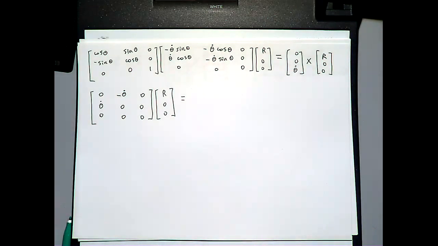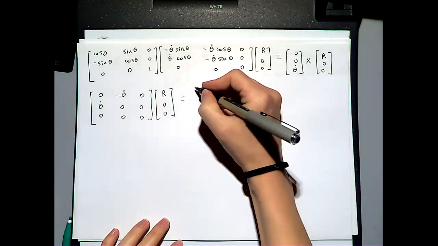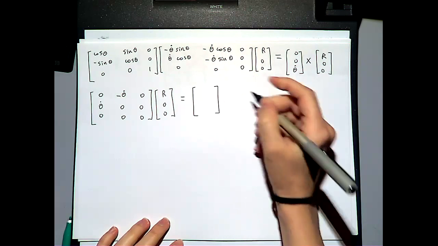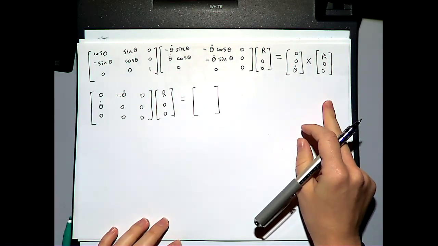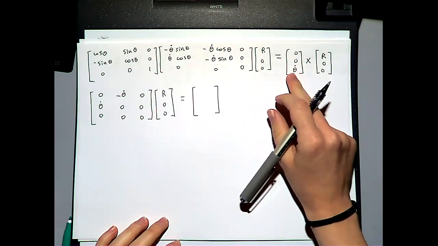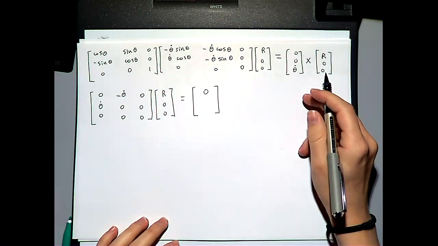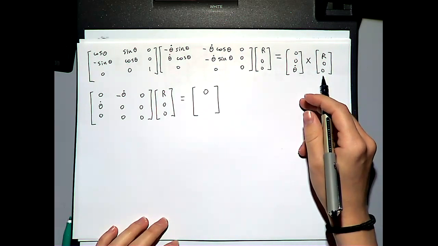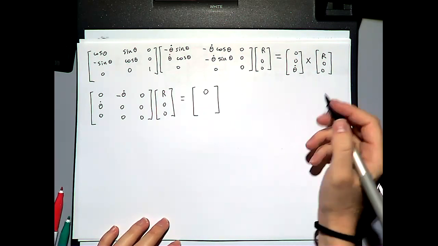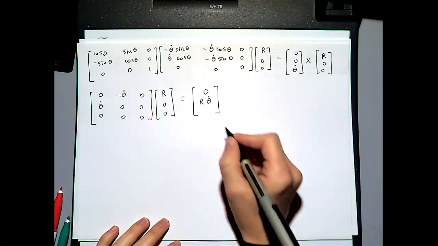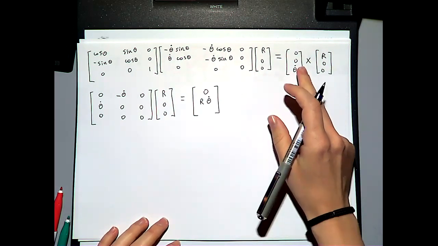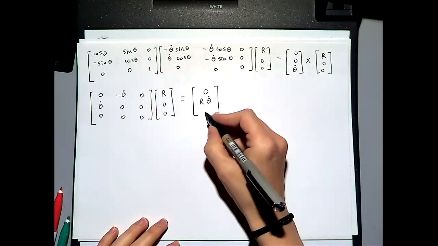Okay, so moving on. This should equal, and let's do this product here. So for the x component, we have 0. For the y component, what do we have? R theta dot. And for the z component, we have 0 again.